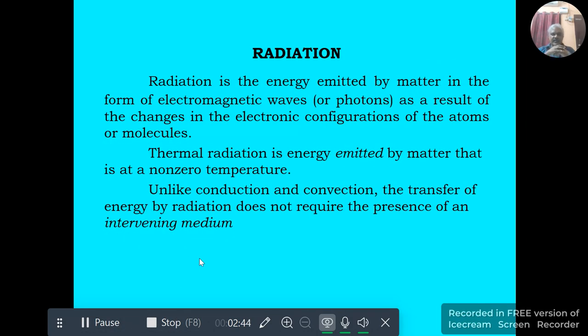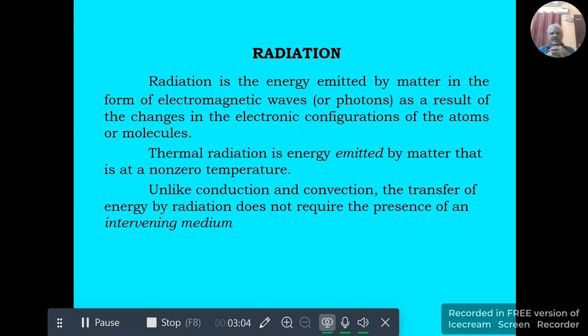Coming to the next mode of heat transfer, radiation heat transfer. In comparison to conduction and convection, which require a medium for heat transfer to happen, radiation doesn't require a medium. So the radiation mode of heat transfer is completely different from the other two modes.